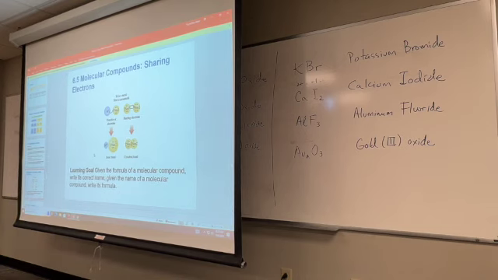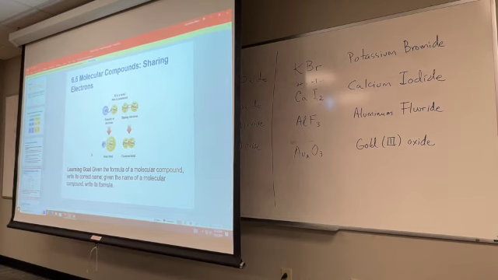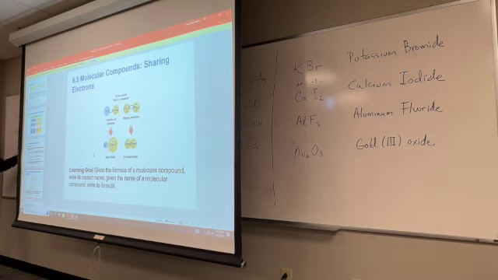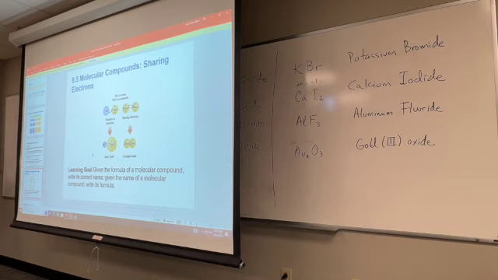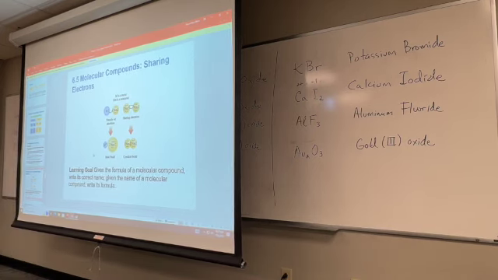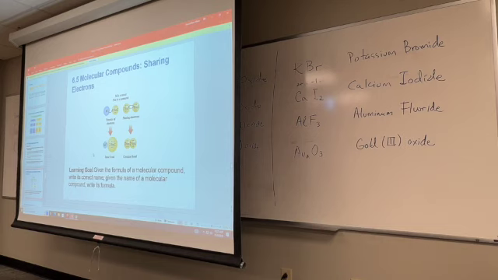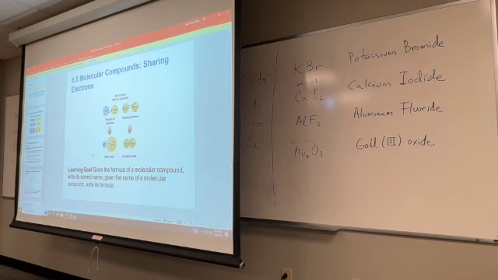Molecular compounds are always two or more nonmetals. There's no metal. Let me give you an example from something that you've seen before. CO2. I'm choosing not to use water because water has hydrogen, and hydrogen is a pain. I don't want to confuse you because you're going to look at hydrogen in the periodic table and think it's a metal. Let's go with that.